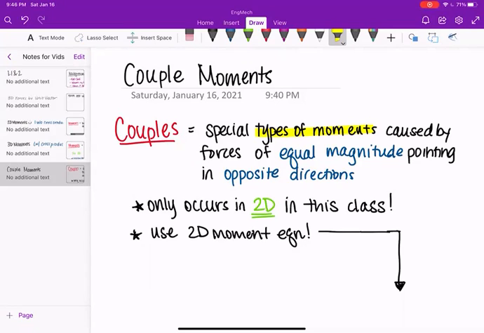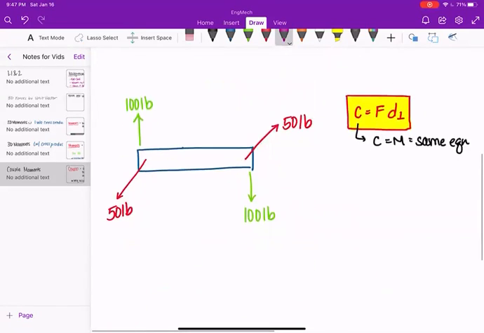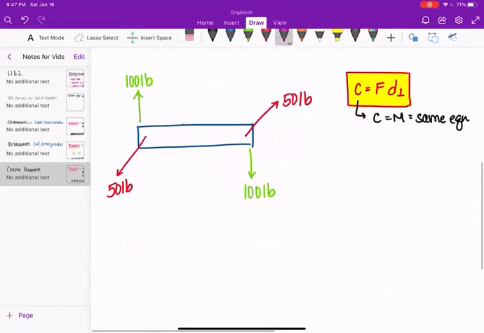So logically, you already understand it by observing that the pen is pivoting. But because it's a moment and because in this class it's only occurring in 2D, you can use the equation for the two-dimensional moment that we've already been using in the past. And that is that the moment is the force times the perpendicular distance.